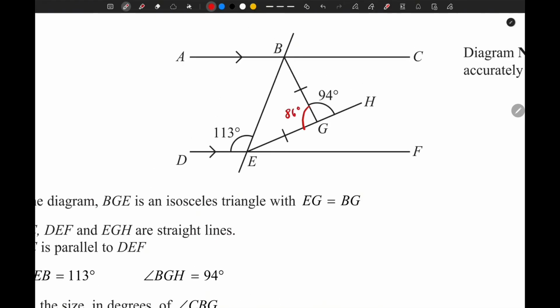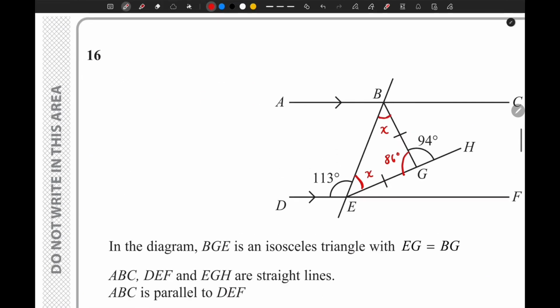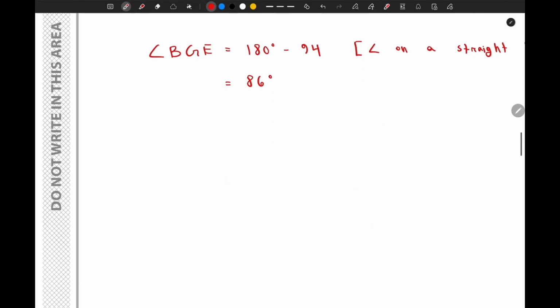Now we need to calculate this angle. Since this is an isosceles triangle, the value of these two angles will be the same. So the angle GBE would be 180 minus 86 degrees divided by 2.